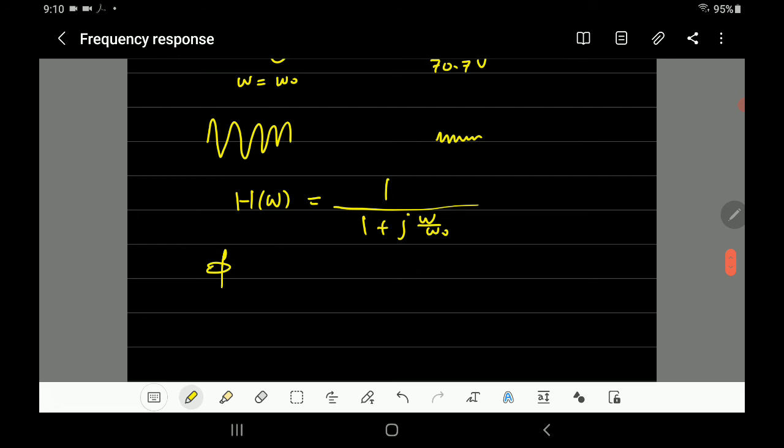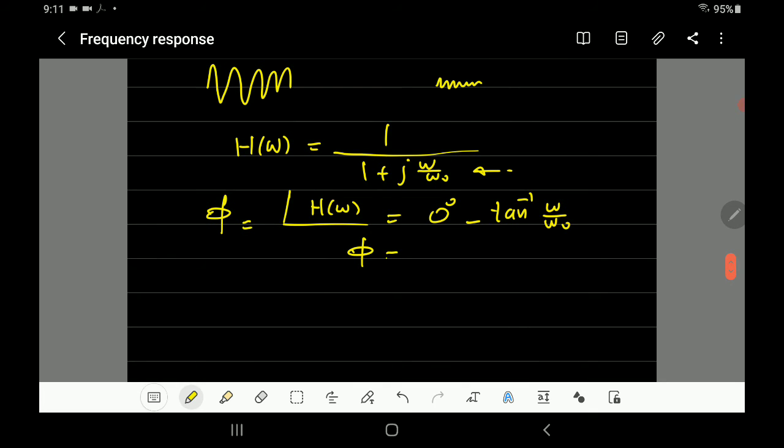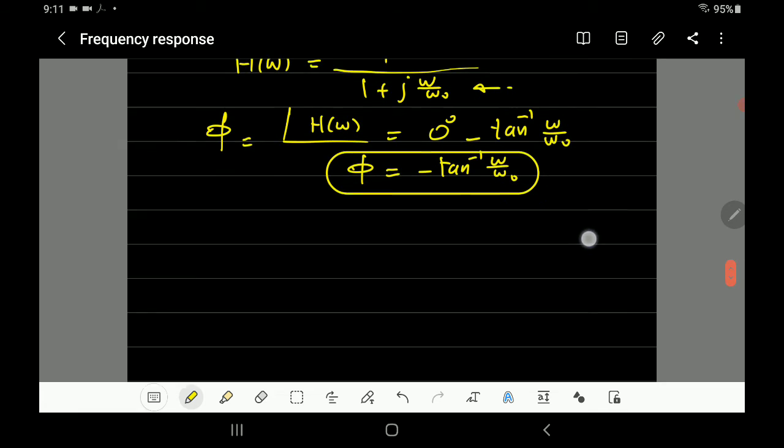The phase phi is equal to the phase of the function H. The top part is 1, so the angle is 0, minus the angle of this one, which will be tan minus 1 of imaginary over real, so it will be omega over omega naught over 1. So in general, you can say that phi is equal to minus tan minus 1 of omega over omega naught.